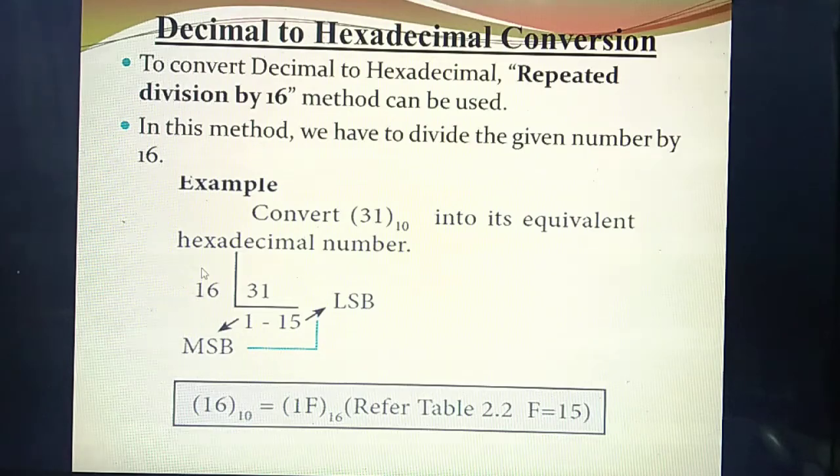Completed. So write this example with the answer: 31 base 10 equal to 1F base 16. Do you know how we get the answer 1F? The value for F is 15. Okay, understand?